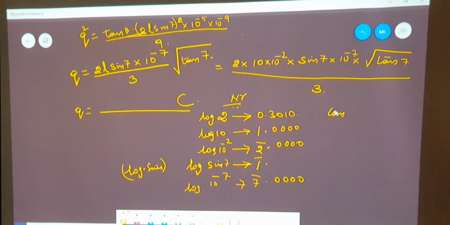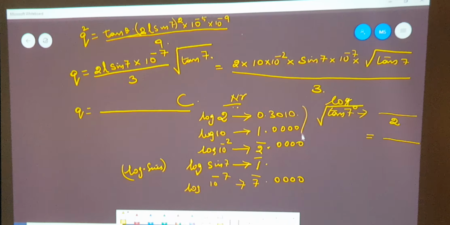See, for tan 7, again you take logarithmic tangents. In the Clerk's table, you go for the table called logarithmic tangents and calculate the value of tan 7 degree. Again, you will be getting a value, take that value and divide it by 2 because it is a root.